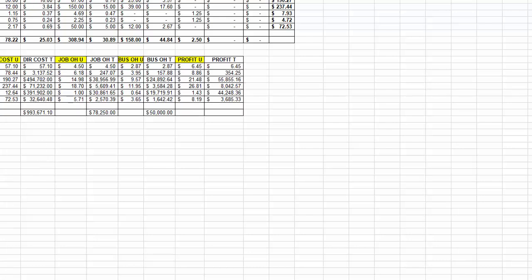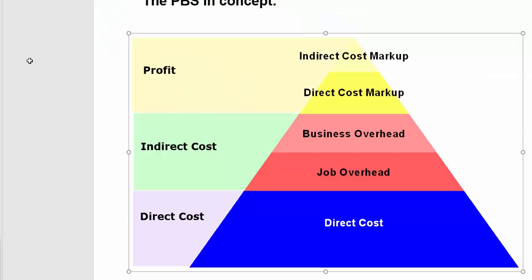And here is a price breakdown structure. Notice it mirrors closely the breakdown here. They don't have to exactly be the same, but they can be. And these are the elements, okay, of the price breakdown structure. We've got the direct cost, got the direct cost.